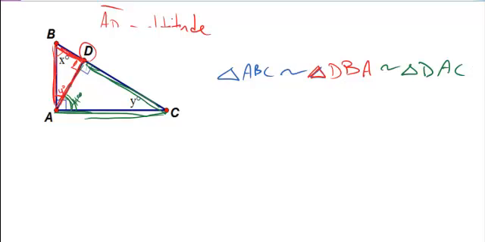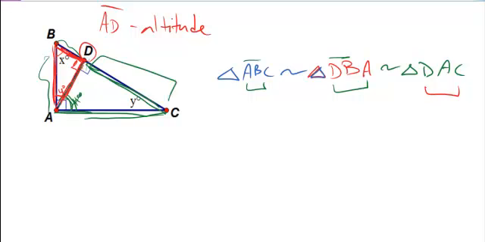You notice that, for instance, DA in this triangle DAC is the short leg, and DB corresponds with that in this triangle, and AB corresponds with that in this triangle. They're all the short legs, and you can check that with the next thing. AC is the long leg in the original triangle, DA is the long leg here, and DC is the long leg in this triangle.